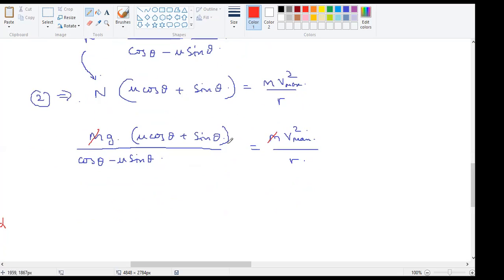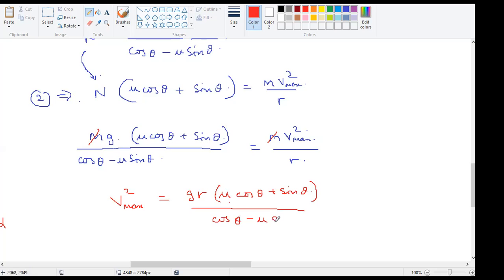Yeah, let me complete this step. R comes on this side, so it will be GR. You can stop it here, nothing wrong in this, right?